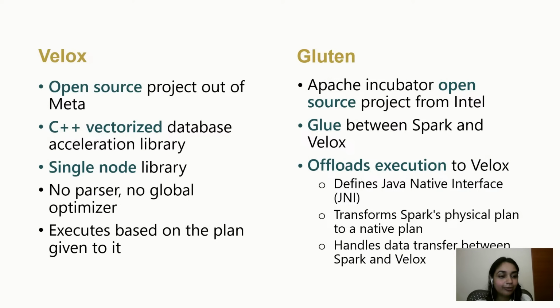It's a single node library, which means that it does not have the scaling power of Spark and cannot do so without an orchestrator at the top. Velox also does not have a parser, and it has no global optimizer. So you can't directly interface with it, but it's rather meant to be integrated into some kind of data computational system. And all Velox does is it executes the plan given to it, and it executes it fast.